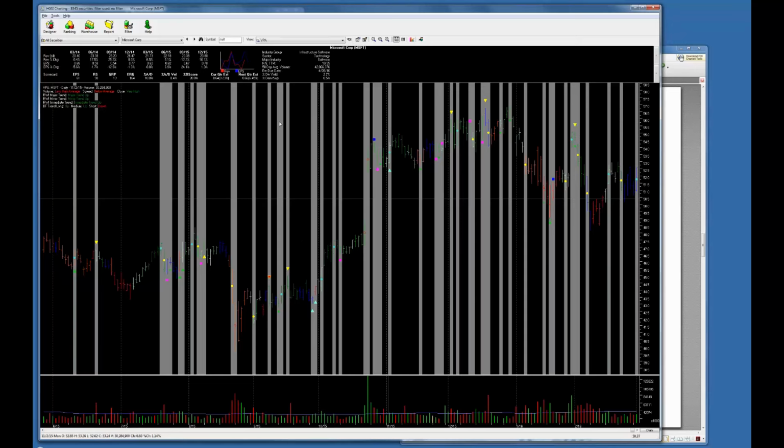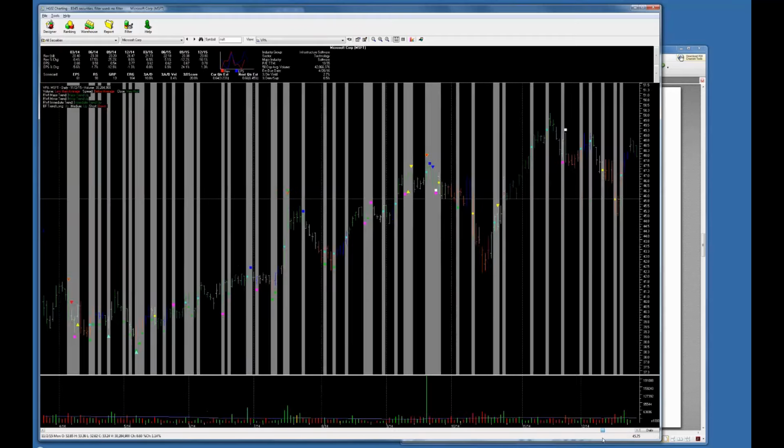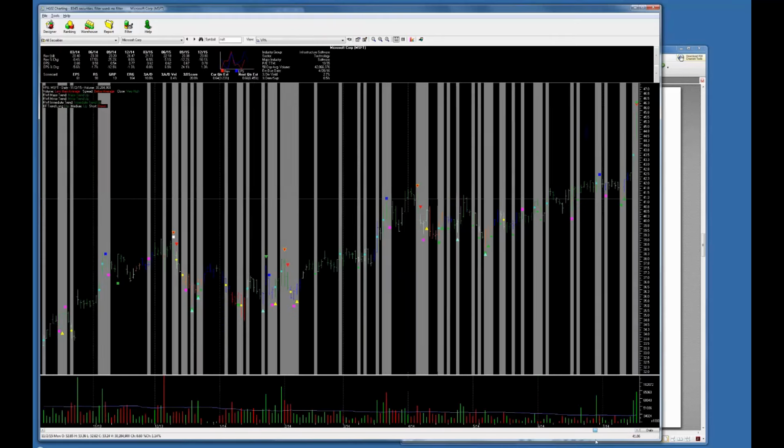And so the idea was the signal days would be days where the VPA flag was significant. So it is possible to have a VPA flag that doesn't have a signal, but there actually aren't that many of them as we thought originally.